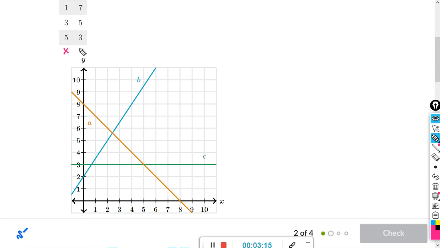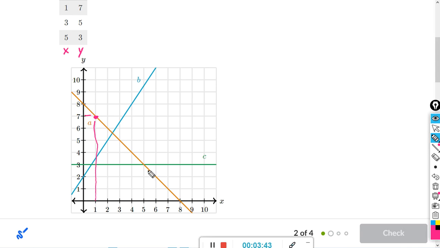And this column here, these are the Y's. All right, so the first one, X equals 1, Y equals 7. Let's do that. So here's the x-axis, X equals 1, and we're going to trace it up to Y equals 7. All right, so it's that point right there.